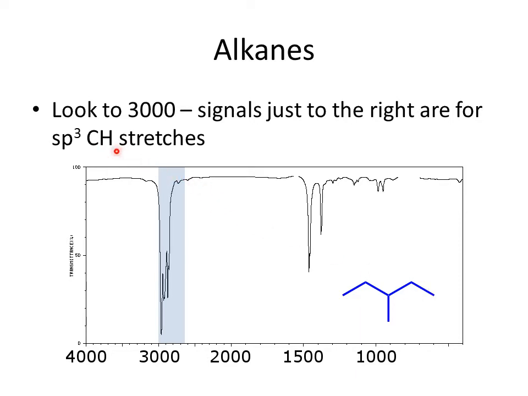So anytime we've got sp3 carbons bound to hydrogen, we would expect to see signal in this region. Because if I hit my molecule with the correct energy of light, those CHs will stretch. Notice this is a very simple molecule, and therefore we see a very simple spectrum. We'll see more complex molecules in a couple of slides.